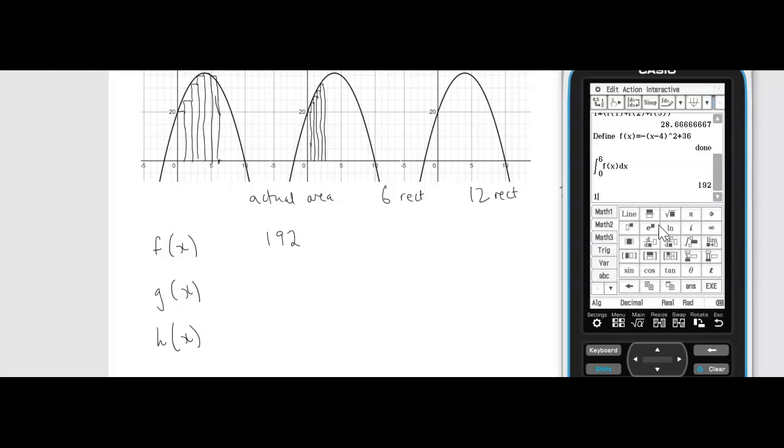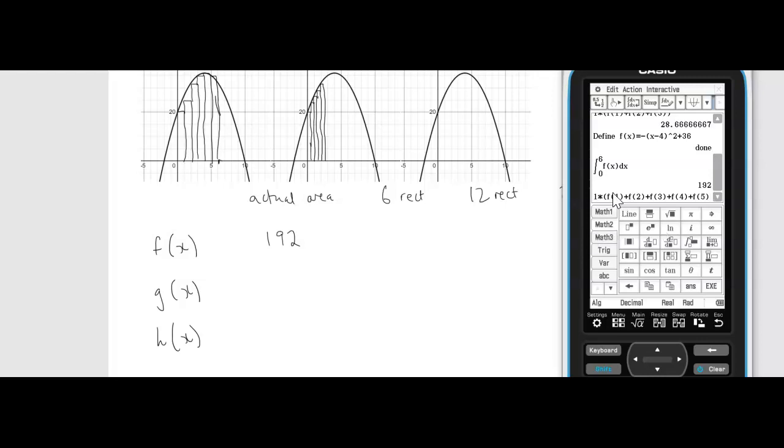So we're going to do 1 times f of 1 plus f of 2 plus f of 3 plus f of 4 plus f of 5. And we don't put in 6 because we're doing left rectangles.